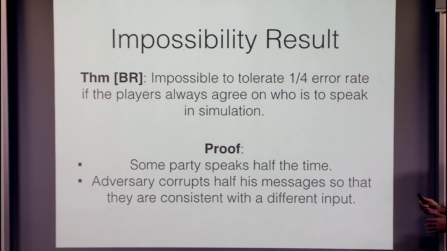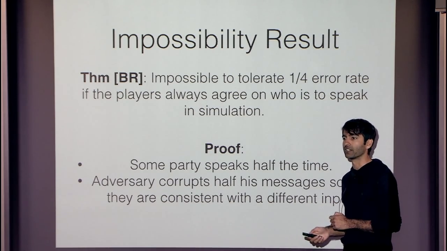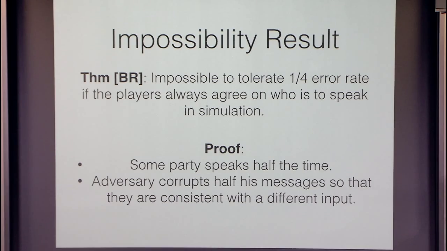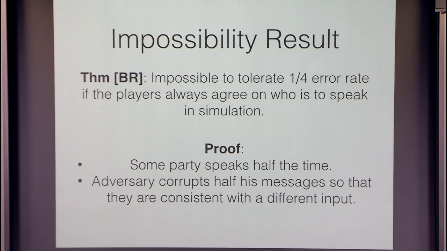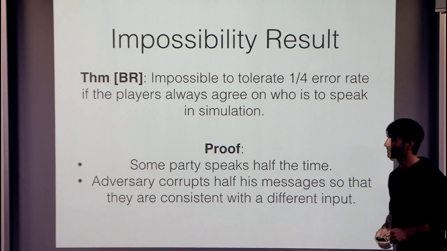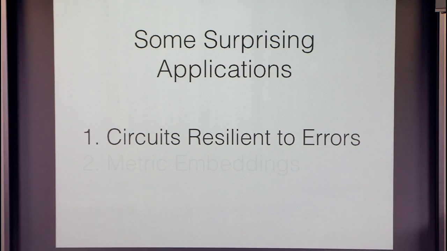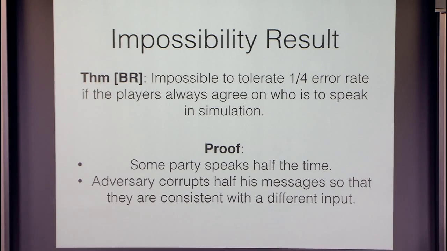So 1 over 4 is the natural point at which you should not be able to recover. For binary, we don't know if 1 over 8 is the right number. Any questions about this before I move on?